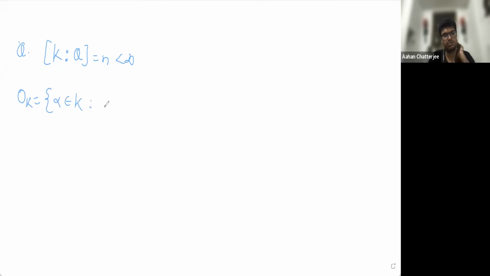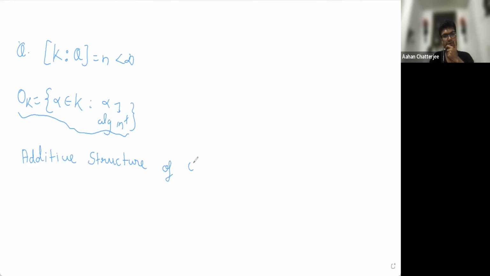That is the set of algebraic integers living in K. So alpha in O_K, and alpha is an algebraic integer. So now we try to study what this looks like. And so let's look at the additive structure.